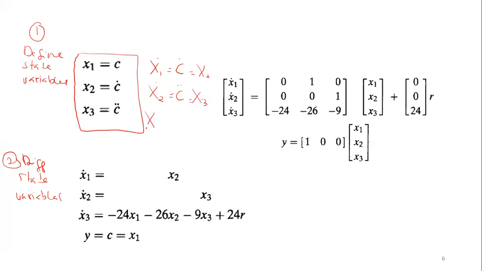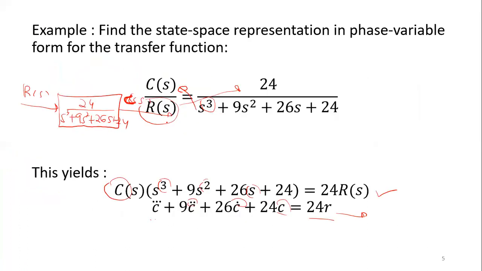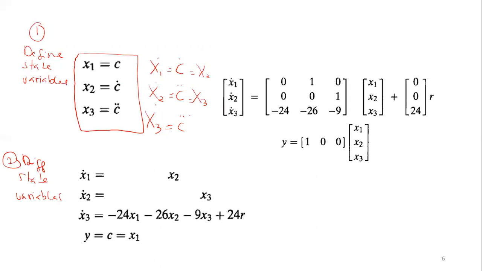So when you differentiate x3 dot, what you will get is C triple dot. Okay. So what is C triple dot? C triple dot is all the things here, and we move everything to this side. So this is what happens here.